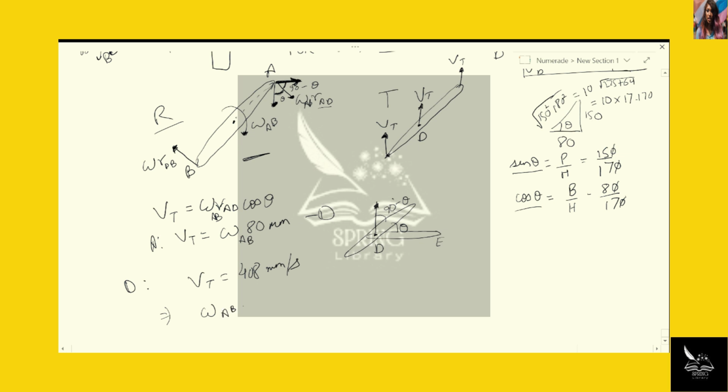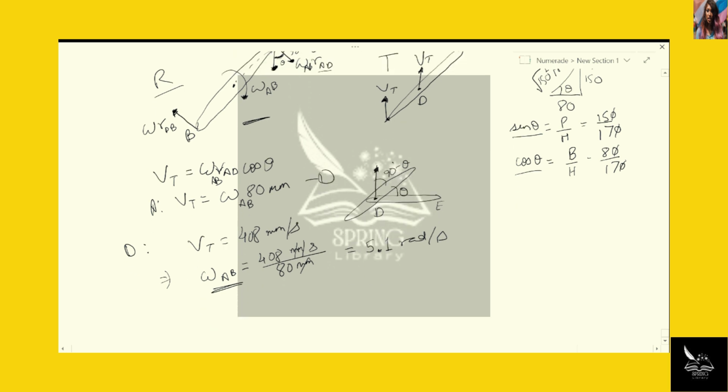So this implies omega AB has to be 408 millimeters per second divided by 80 millimeters. So these numbers can be cancelled by 8, and the answer will be 8 5s are 40 and then 0.1. So 5.1 radians per second. Millimeters get cancelled. Okay. Now once we know omega AB, then we can figure out the velocity.